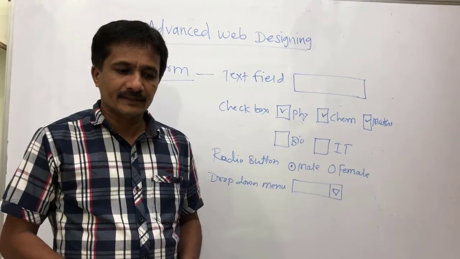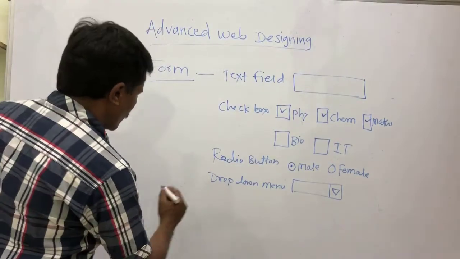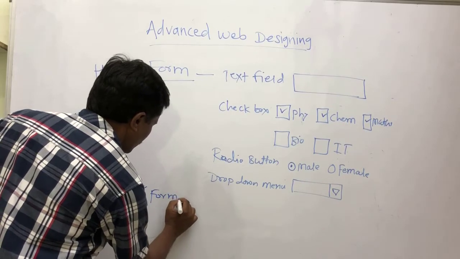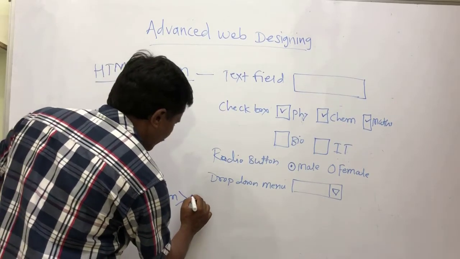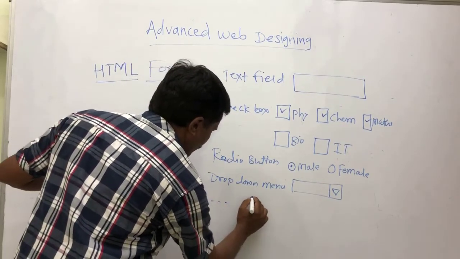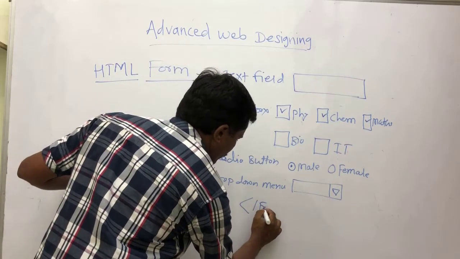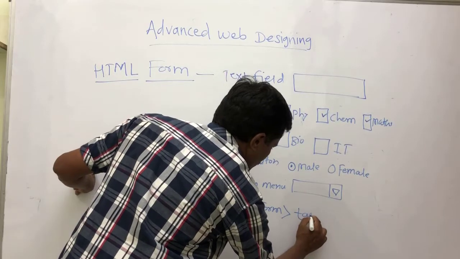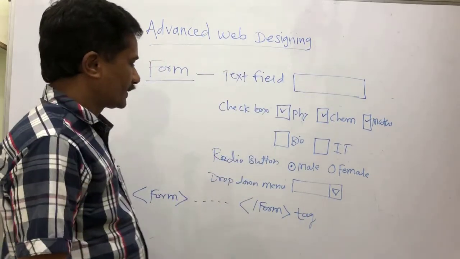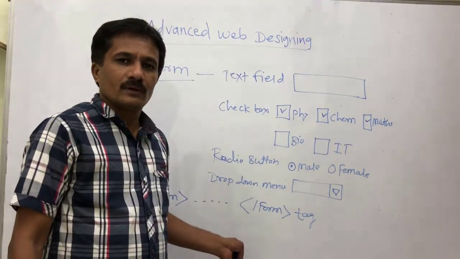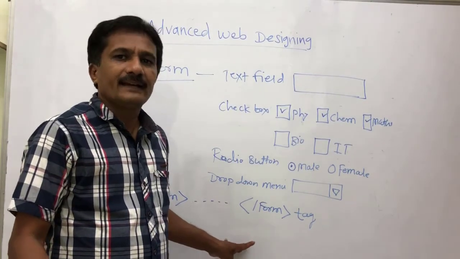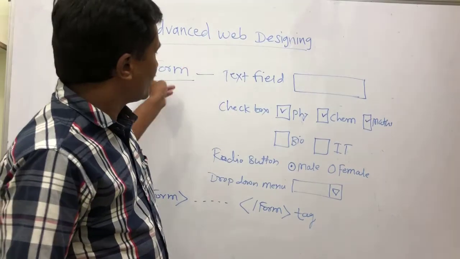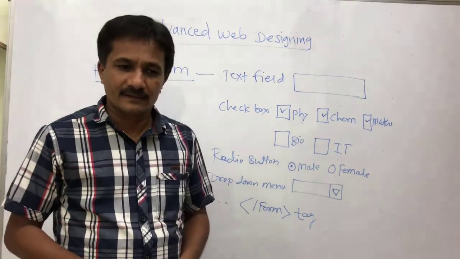A form is created using the form tag and the closing form tag. Students, you know the tags and their attributes. You already studied HTML in 11th class.